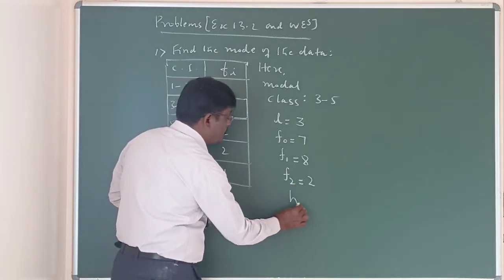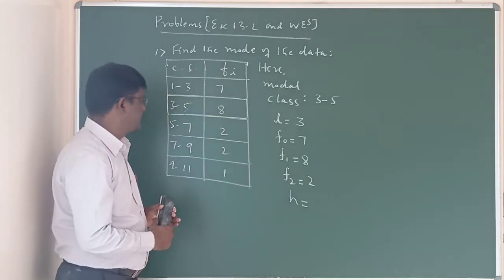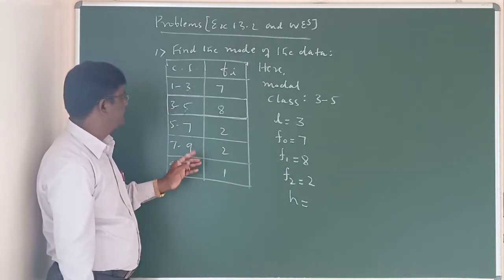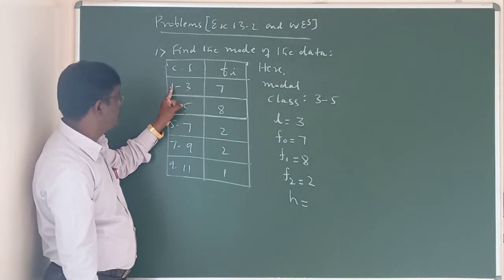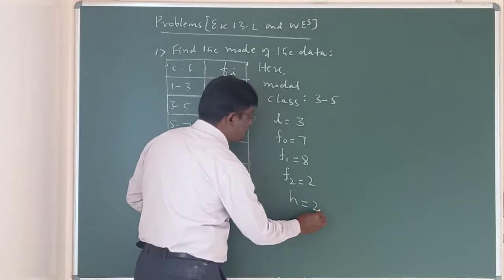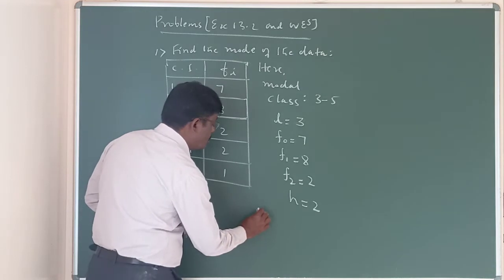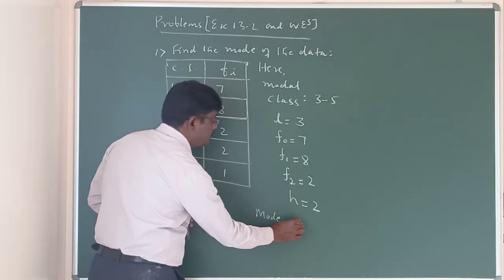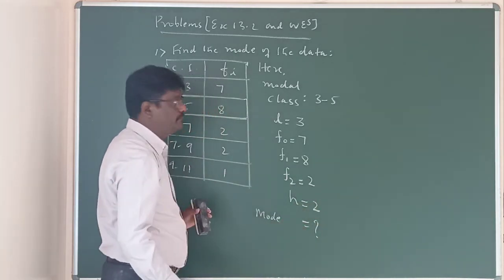What else do we need? One more factor is the size of the class. How do you find the size? Very simple: highest minus lowest, that is 3 minus 1 or 5 minus 3. Hence, the size of the class is 2. Now we have to calculate the mode.